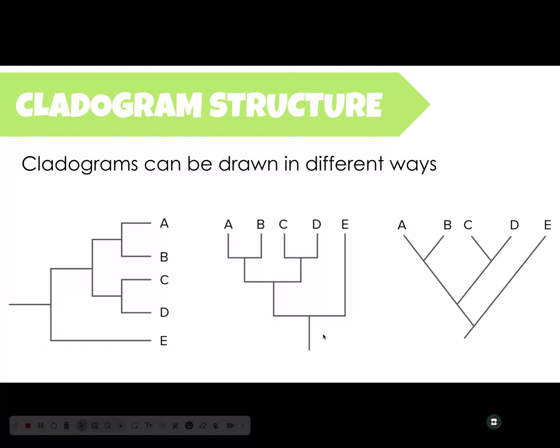You can basically flip this and have the oldest time point at the bottom and the present day at the top. Again, same exact way we're comparing these species, we've just flipped it. And then sort of different formatting is, instead of using right angled brackets when you're drawing your branches, you just do straight lines that make it look more V or Y shaped. Again, all of these are the exact same cladograms, just different formatting.